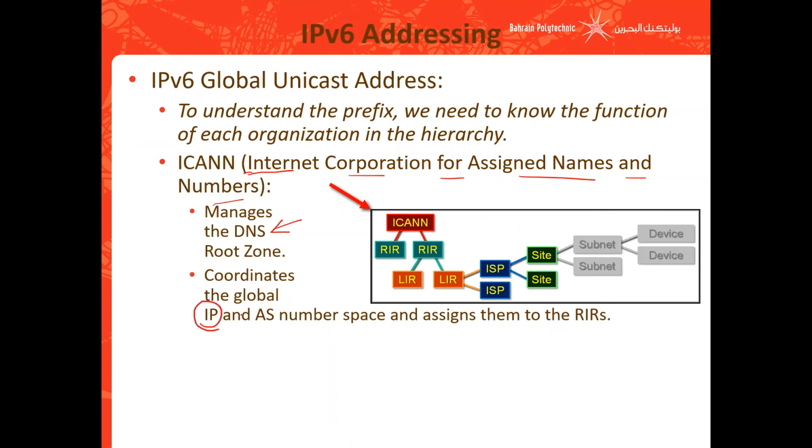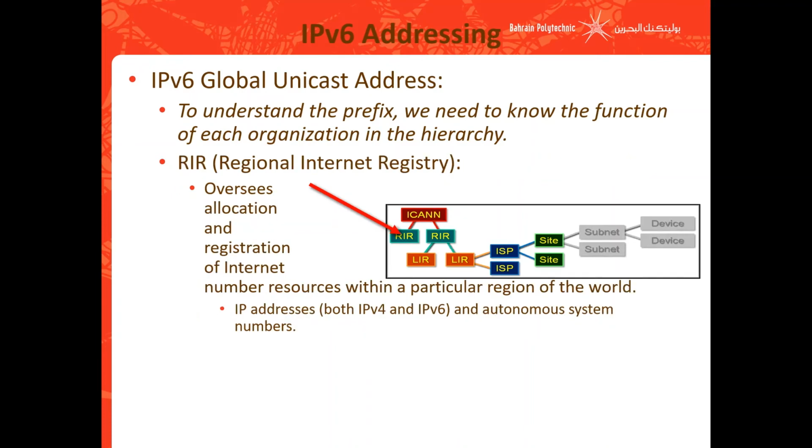You can't just go and pick one address on your own. You have to go through these different hierarchies to get IP addresses. So ICANN is at the top, and they handle all the names and the numbers that come with IP addressing.